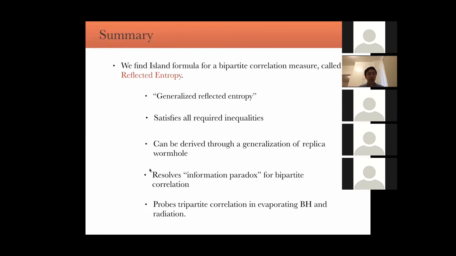And interestingly, this new formula resolves a kind of information paradox for bipartite correlation, which I will explain later on. And finally, I will explain how the island formula for reflected entropy can be used to probe the tripartite correlation in the evaporating black hole and radiation.